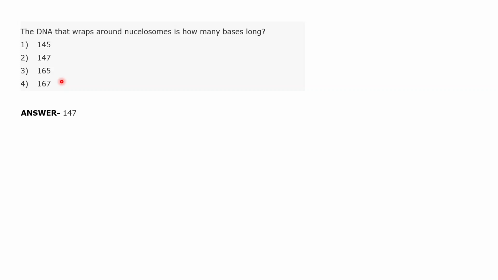Okay, so the approximate answer to this question is 147 nucleotides or bases. So not 167, it's 1.67 turns that is there, but in order to compare that, the approximate value is about 147 bases or 147 nucleotides. So I think the answer is clear.